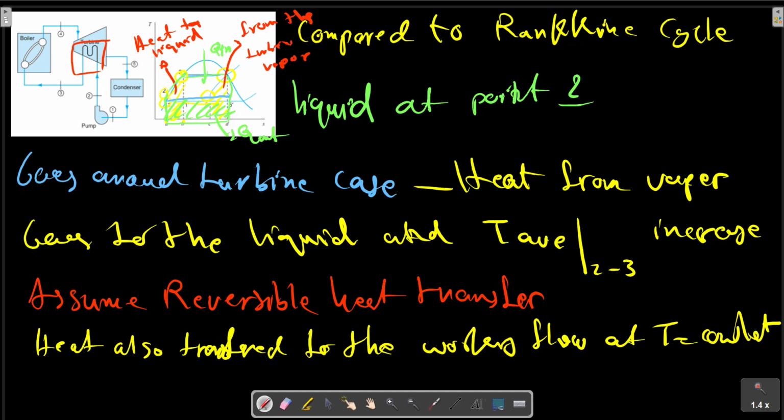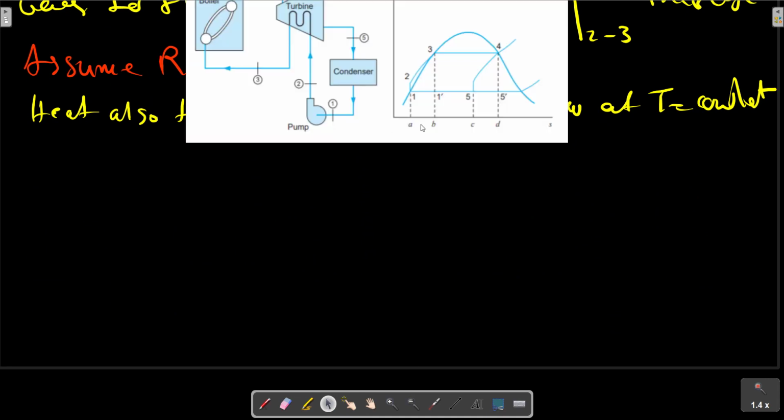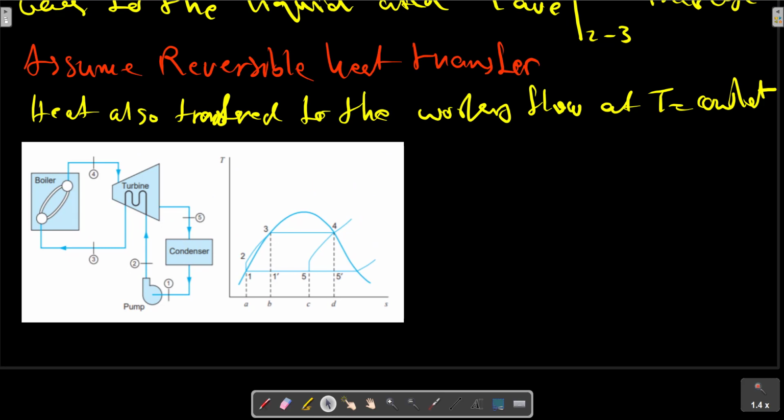This area is exactly equal to the area 1 prime, 5 prime, D, B, A, 1 prime, which is the heat rejected in the related Carnot cycle.